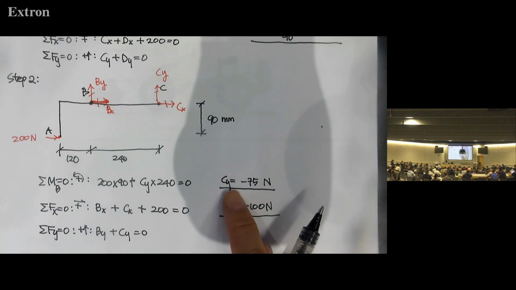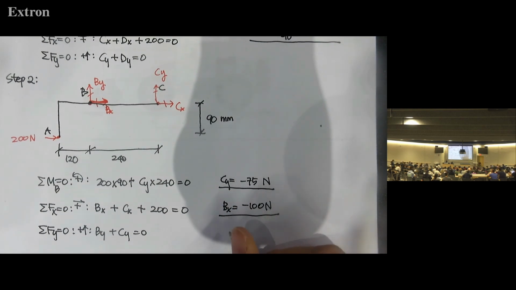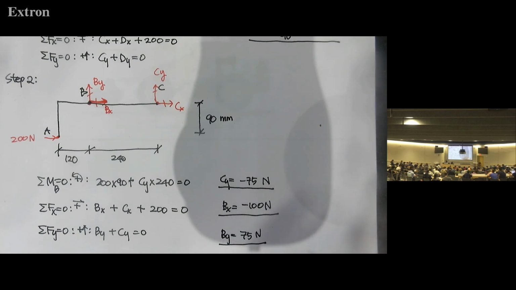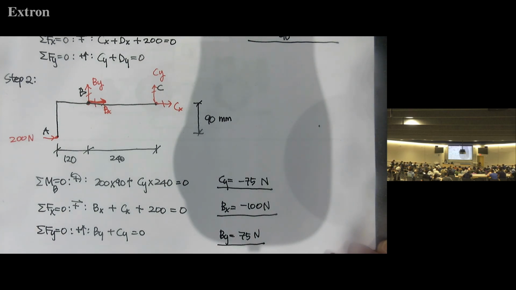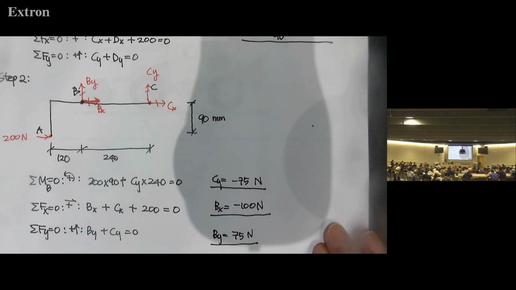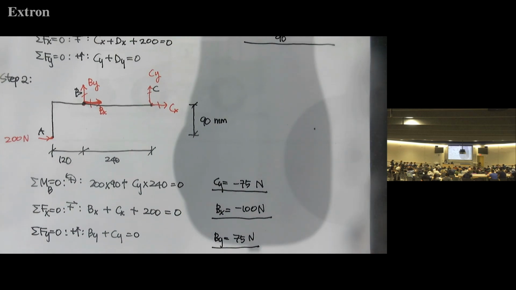And then we found Cy is minus 75, so By should be minus Cy, so 75 Newton. Yep. Okay, so these are the answers.